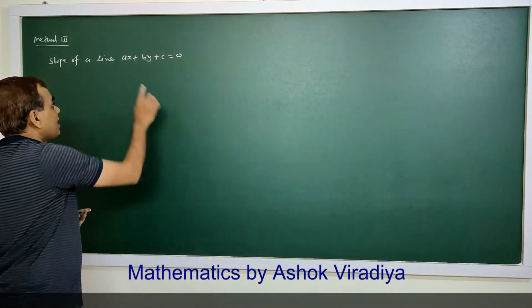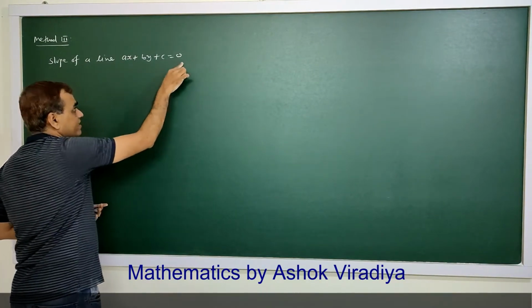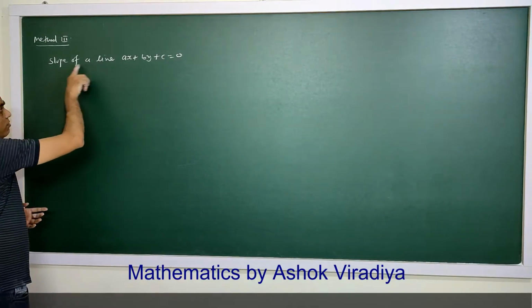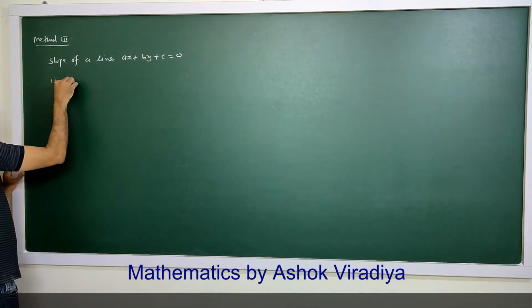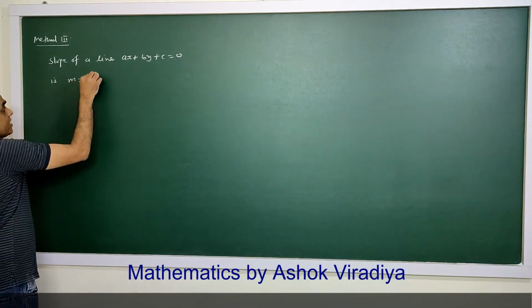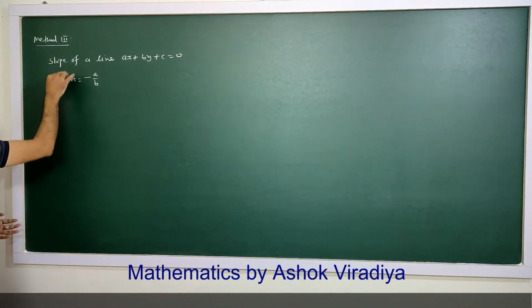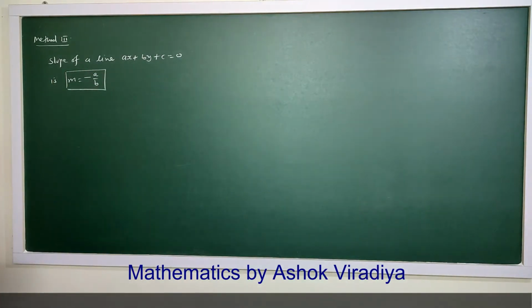If the equation of a line is given, we know that this equation represents a straight line. The slope m is equal to minus a by b. Minus a by b represents the slope of the line.